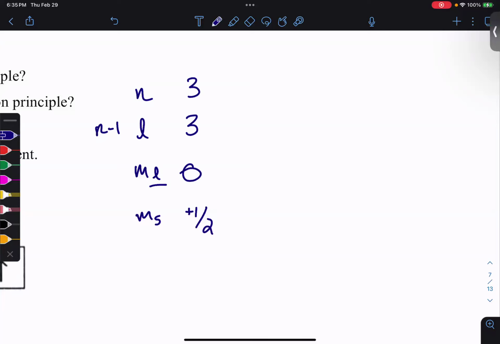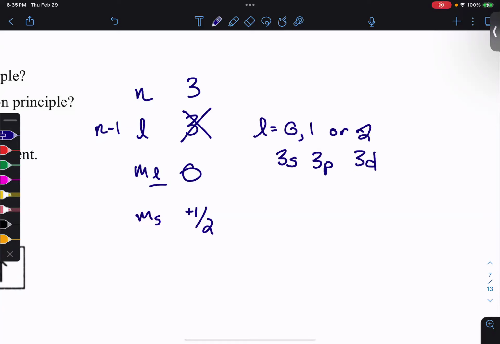The possible L values we can have, 3 is not one of them. We can have an L equals 0, 1, or 2. So that means what can exist for an n equals 3 subshell is a 3s, 3p, or 3d. Either of those are valid, right? But an L of 3, so an F, a 3F does not exist. So this is also not valid.